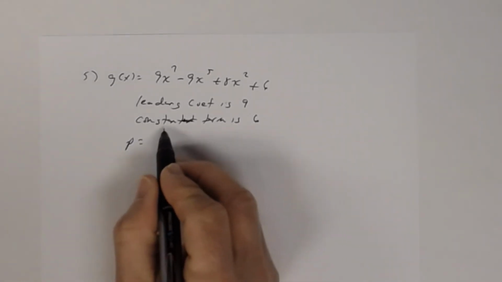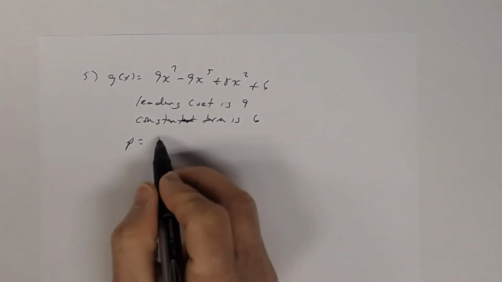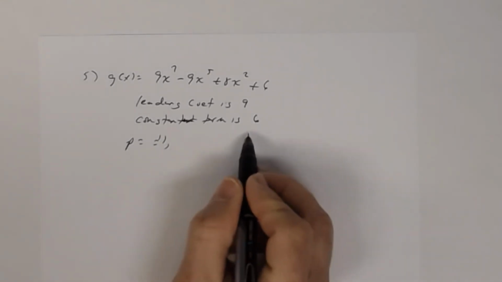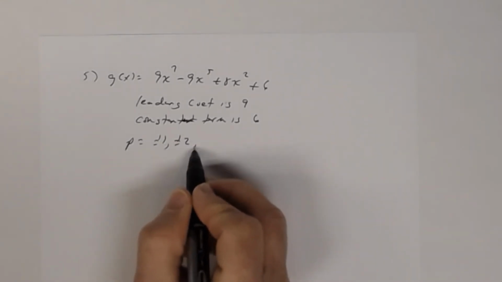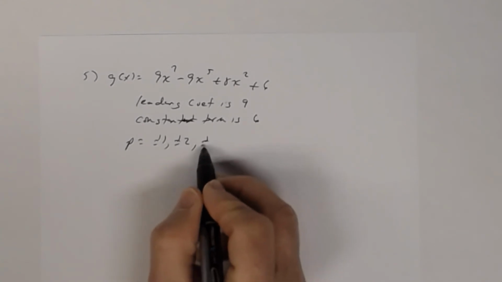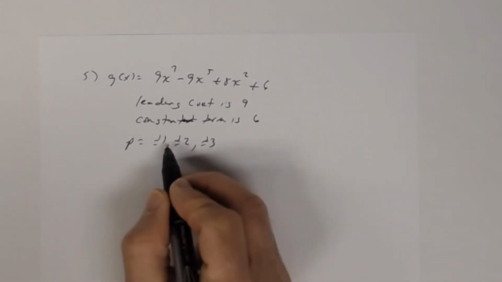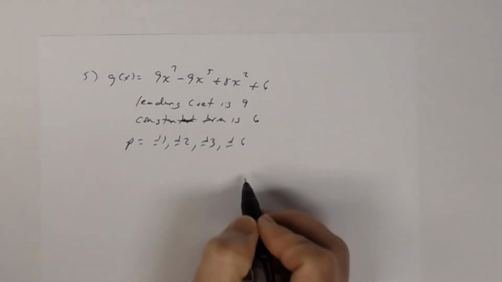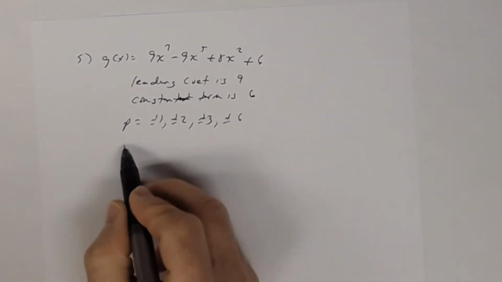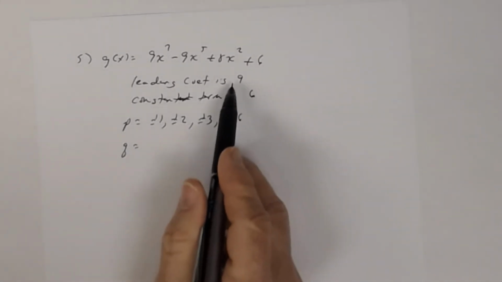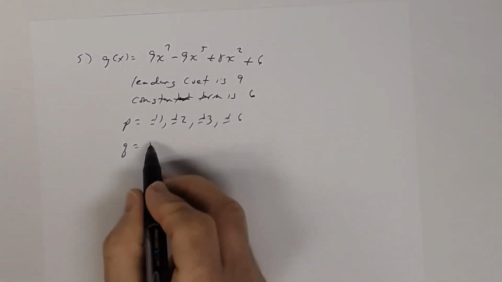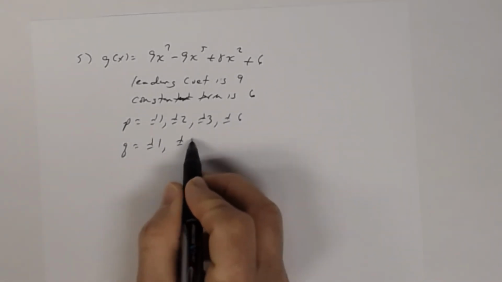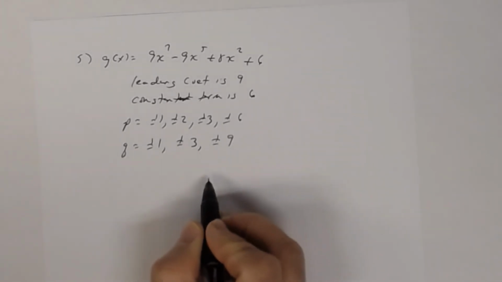P would be the factors of 6. So plus or minus 1, plus or minus 2, plus or minus 3, because 2 times 3 is 6, and then 1 times 6 is 6, so plus or minus 6. Then Q would be the factors of 9: plus or minus 1, plus or minus 3, plus or minus 9.